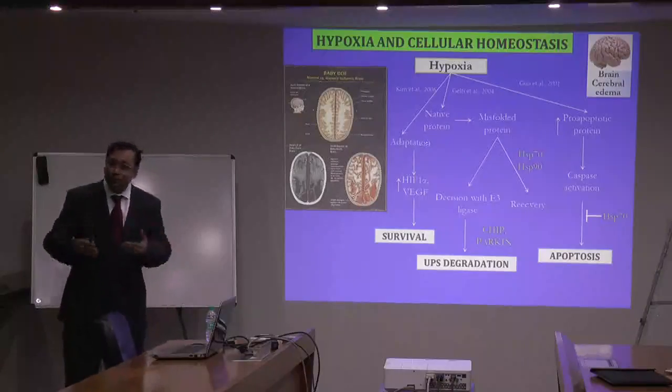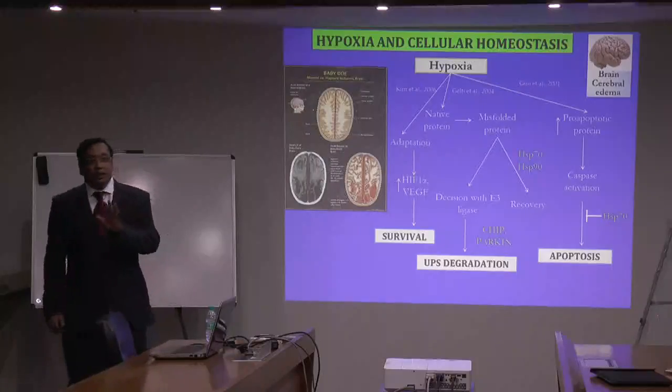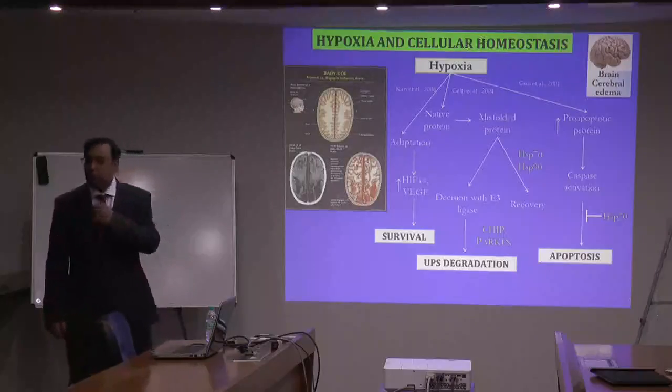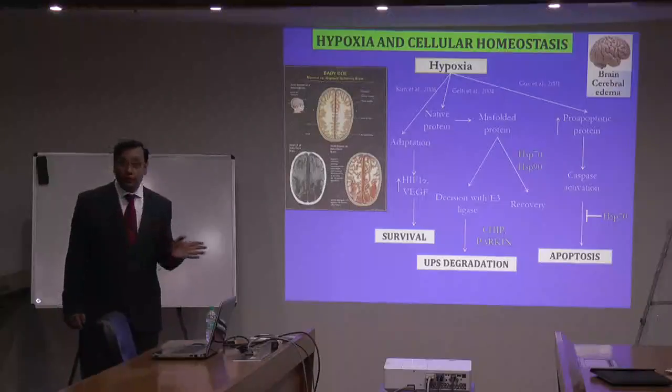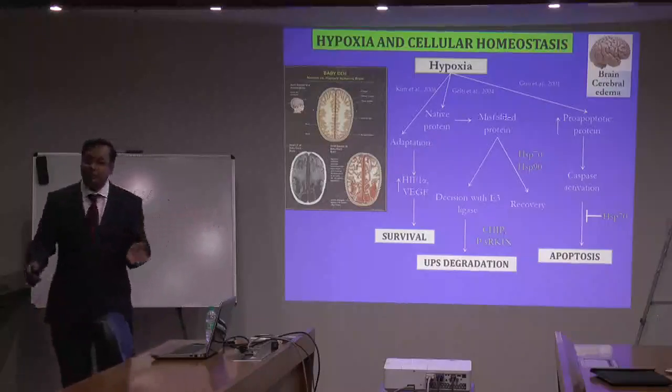But the moment we are getting aged, and you might have heard about a disease, frontotemporal dementia. You won't believe that frontotemporal dementia can occur at the age of 40, while AD is occurring in the aged person.